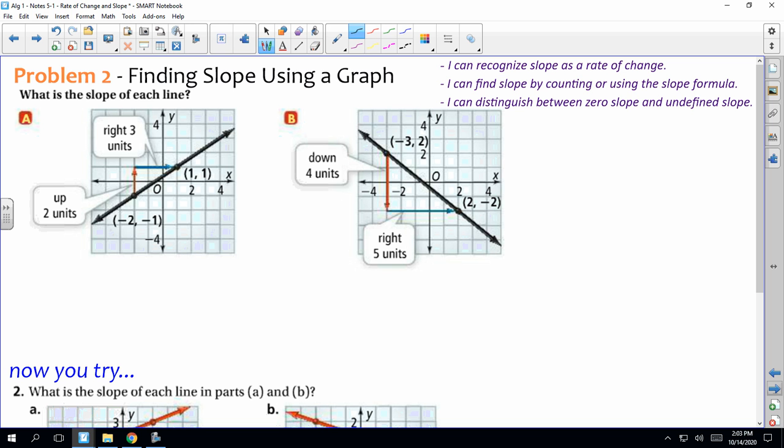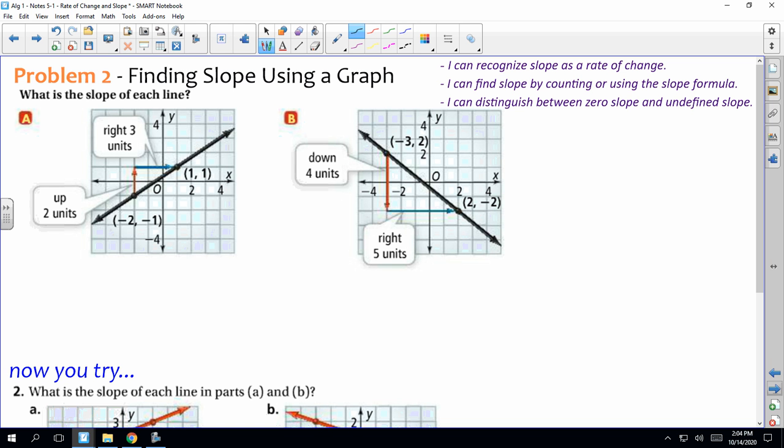All right, problem 2. We've got finding the slope using a graph. So the last one we looked at a table to get the slope, and the slope was the constant change in y, or the rate of change in y. When it comes to finding the slope on a graph, we can start at one point, like they're doing in part A. They're starting at the point -2, -1. And from there, we're going to march up and over, only at a right angle, to get to the point 1, 1.